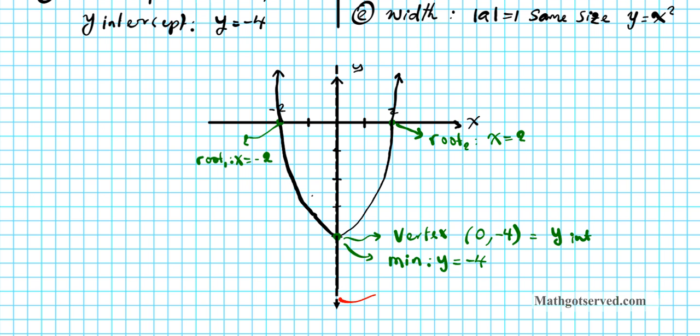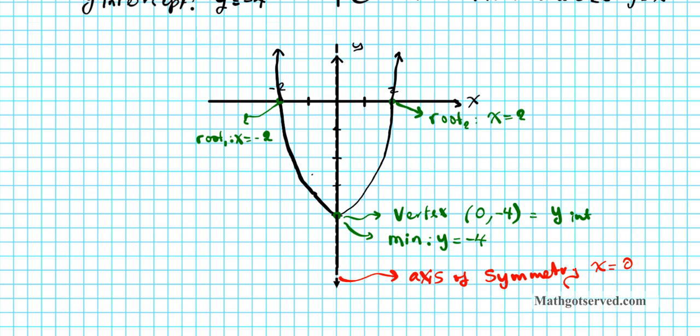Okay, so this line is also your axis of symmetry. Remember, the equation is going to be an x-line, right? The axis of symmetry is x equals the x-coordinate of your vertex, 0. All right, so there goes the completely labeled quadratic function using the roots, intercepts, and vertex. All right, so there you have it.